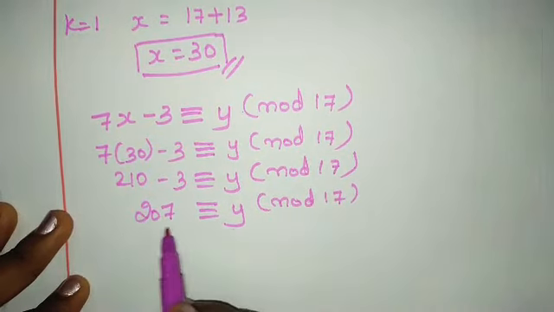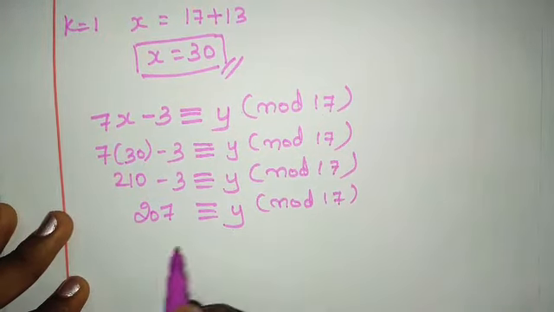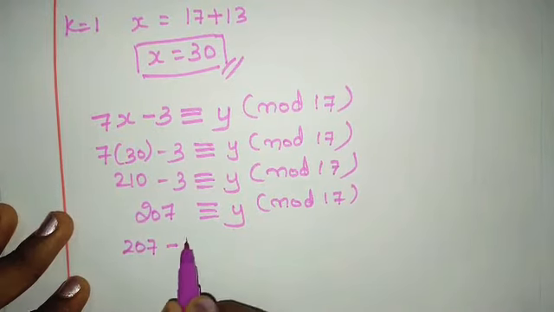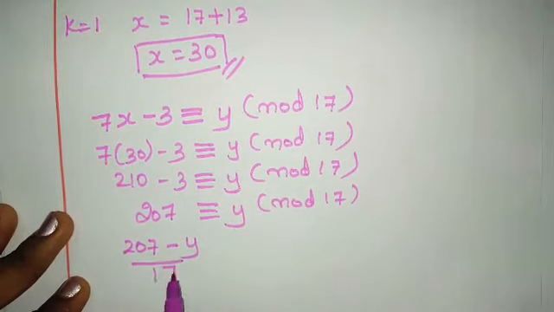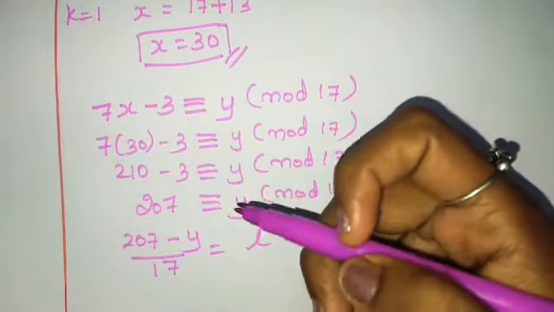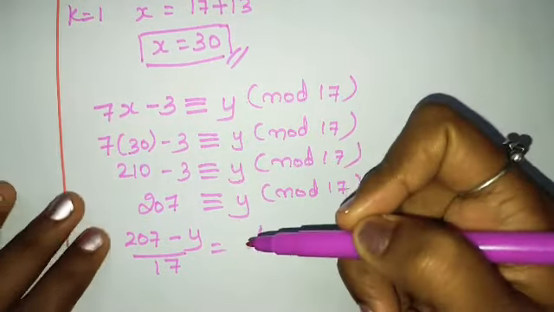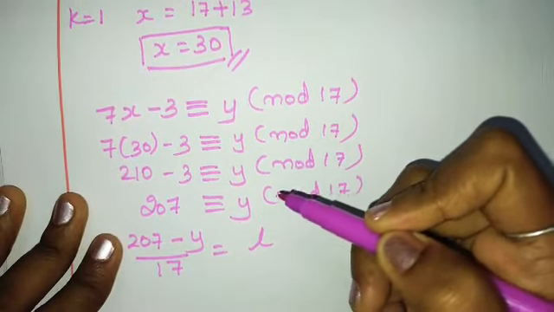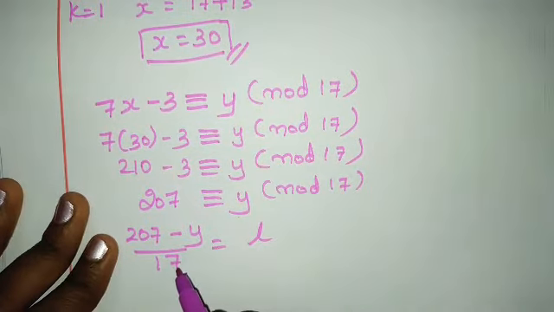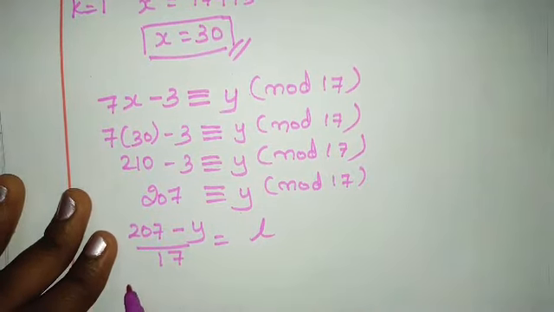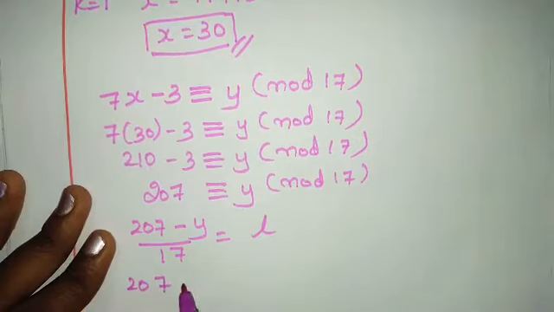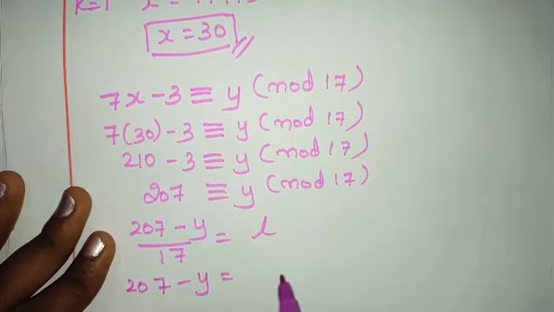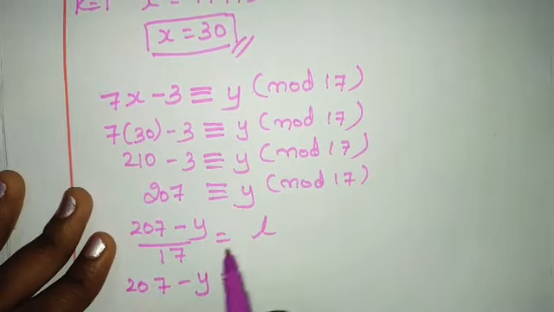Okay, so a minus b divided by n. 207 minus y divided by 17 is equal to, already we have taken k, right? So now we'll take L, any random you can take. Now just cross multiply here. So 207 minus y is equal to 17L.